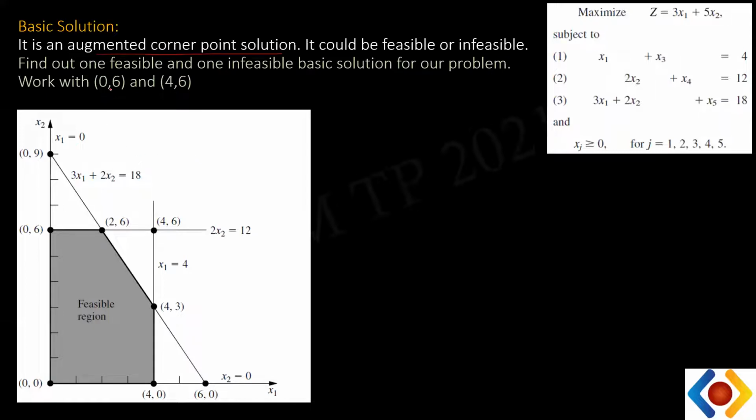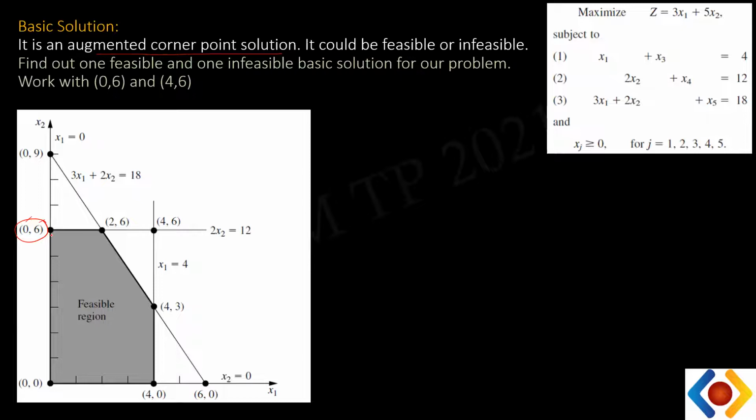For example, 0, 6 is one of the corner point solutions. You all agree? Now I want to find the augmented form of this. These are the values of x1 and x2, and I want to know the values of x3, x4, and x5 for this point.